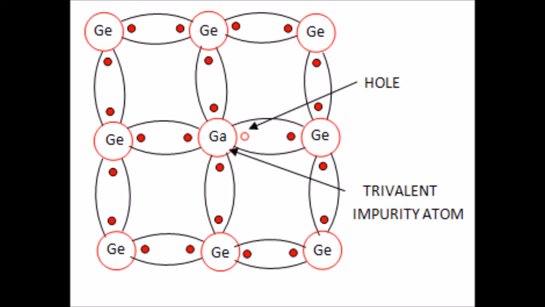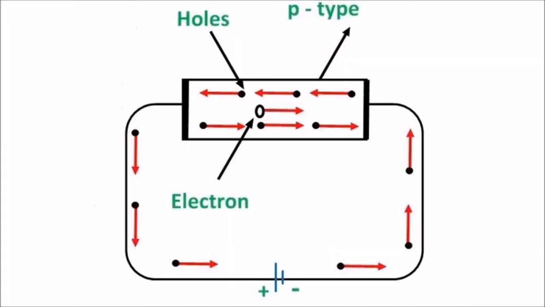Thus, each gallium atom provides 1 hole in the germanium crystal. As an extremely small amount of gallium impurity has a large number of atoms, it provides millions of holes in the semiconductor.